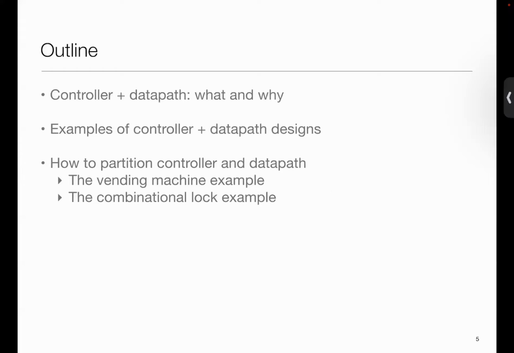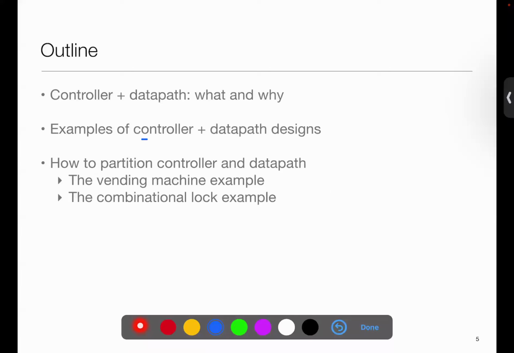So let's see how to motivate this, and how we think about designing these kinds of sequential systems. I think of my sequential system by factoring it into two parts: the control part and a data path part.